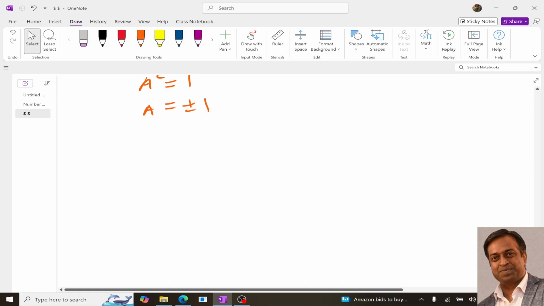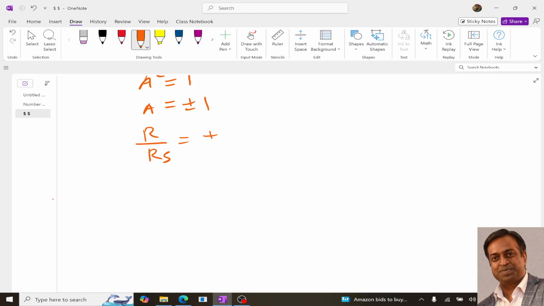So what is our a? Our a is r by rs. Since a is equal to r by rs, it is plus minus 1. So from this we get r is equal to plus minus rs, right? Since resistance cannot be negative, r is equal to rs.